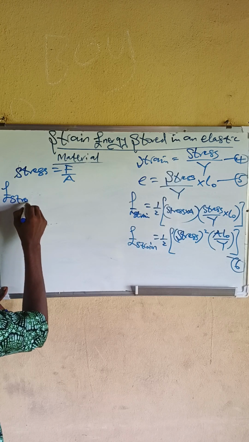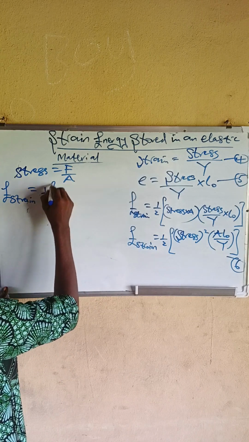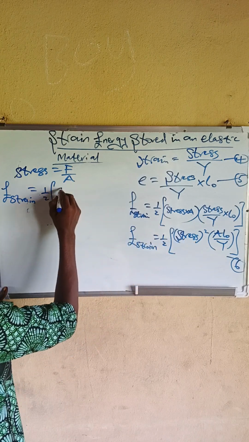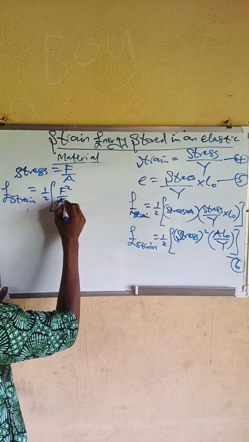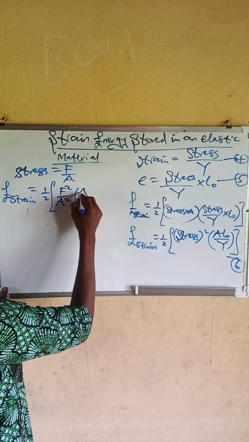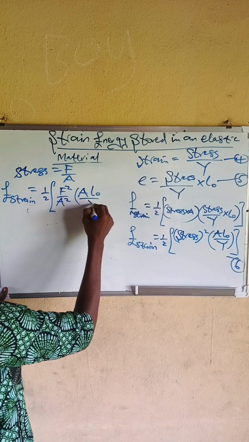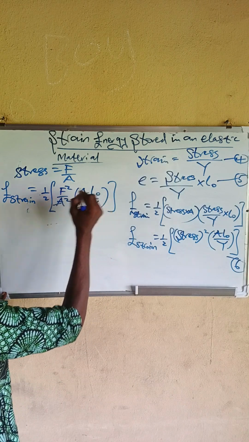So strain energy stored becomes half into stress, which is force over area. In this case, it's going to be force squared over area squared because of this square, multiplied by area, this L0 over your modulus. Okay, now one of these will clear one of these.